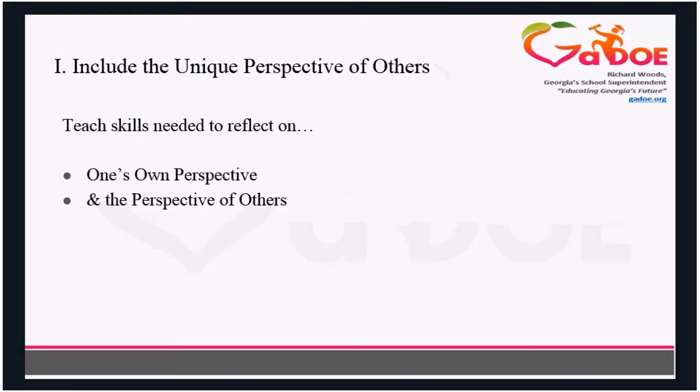So computer science experts have really hit on this.